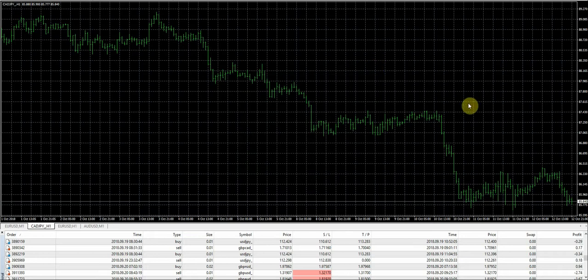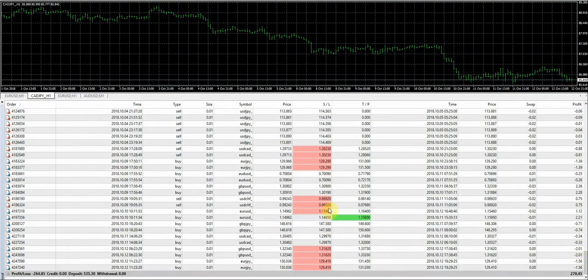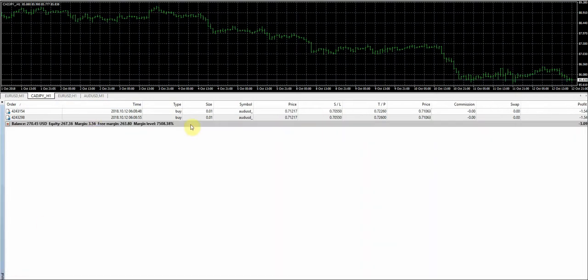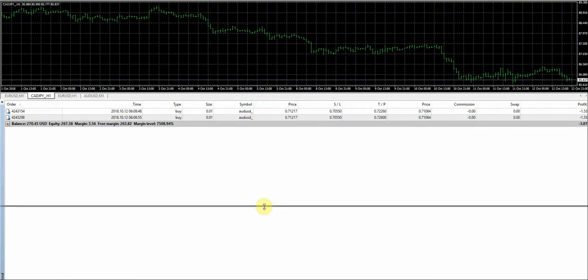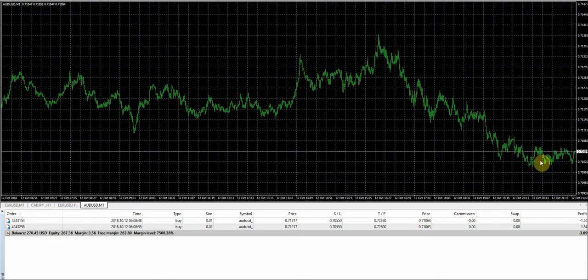I'm not positive it would actually show up anyway, as one of the things I've noticed, since this is a managed account, is that, for example, we're in two AUD USD trades right now, as you guys can see here. And you can see that those trades aren't showing up on our chart.